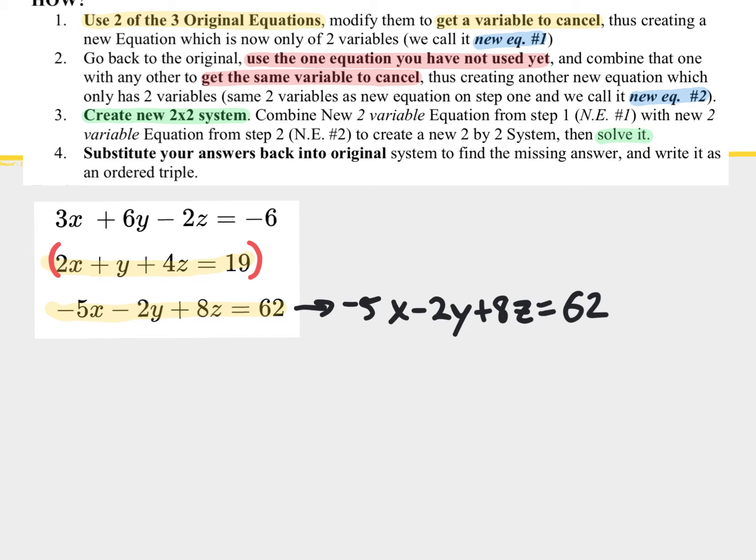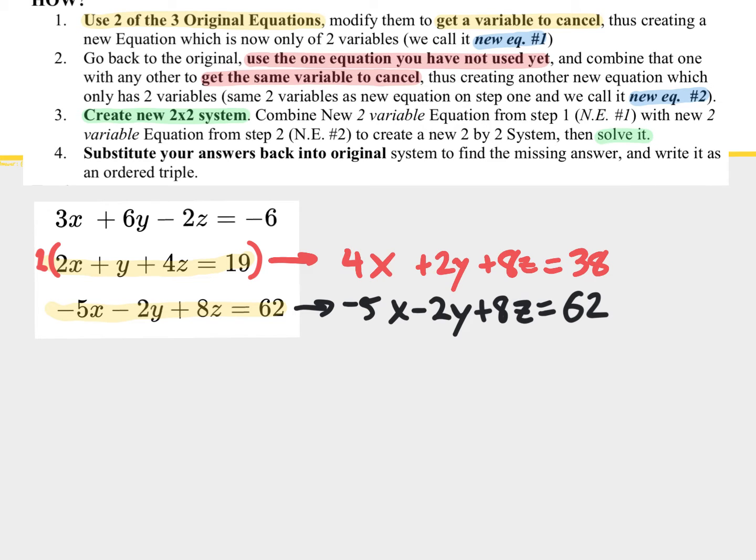I'm going to multiply by 2. That way, this y will become a 2y, which will cancel with that -2y. So we're modifying the middle one by 2. And we'll get 4x plus 2y plus 8z equals 2 times 19 is 38.